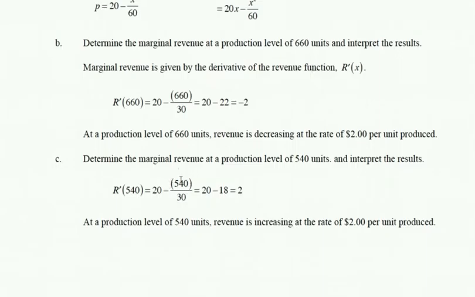Inside those parentheses, we put this value, 540. 540 divided by 30 is 18, and so 20 minus 18 is 2, positive 2. And so that tells us revenue is increasing. So our interpretation is at a production level of 540 units, revenue is increasing at the rate of $2 per unit produced.